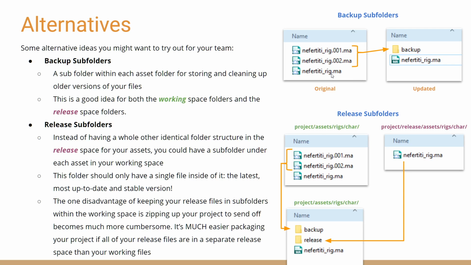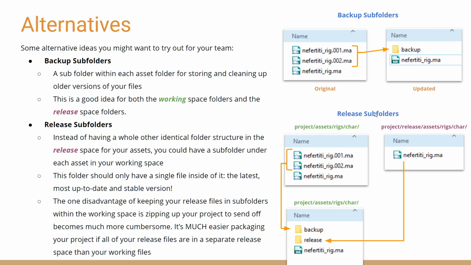And so my latest version might be nefertitirig.007, right? If I push that into the release space, the referencing file doesn't know to look at that. It's looking at the original one still. It doesn't know it should be looking for something called nefertitirig.007. So you'd have to update it, which isn't that big a deal, but it's probably better just to go ahead and get rid of that number in the release space.